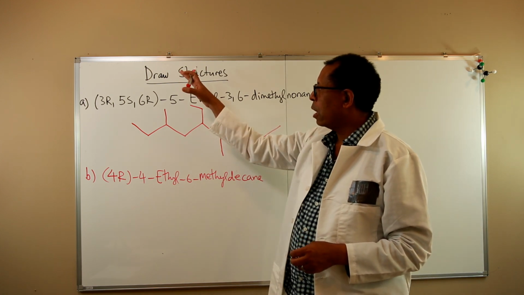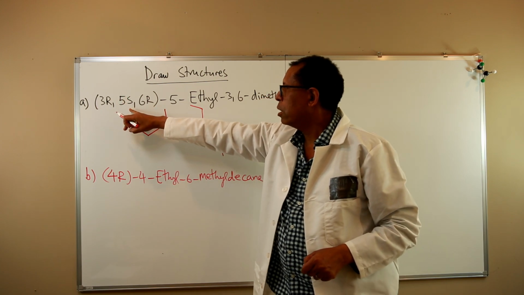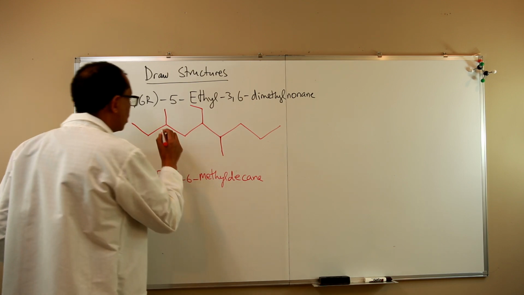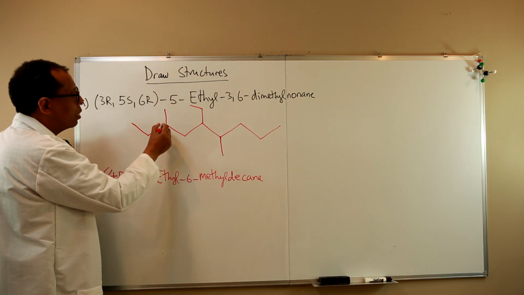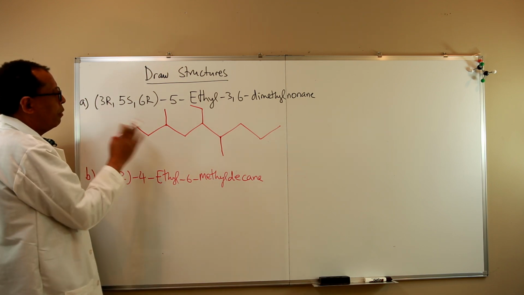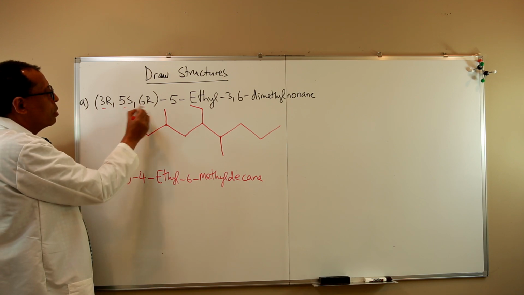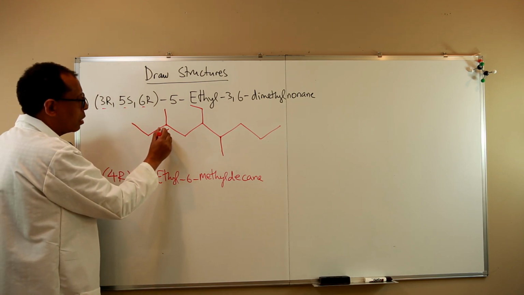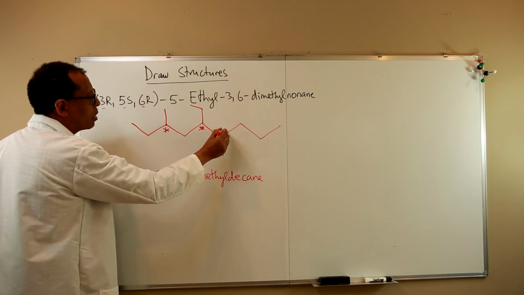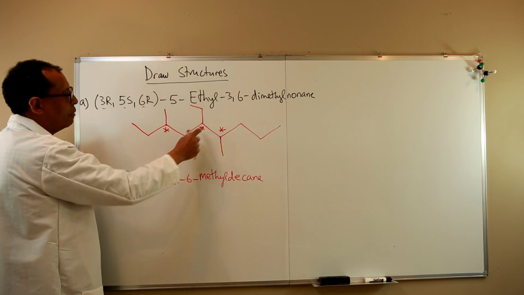But the structure has at 3 position an R, at 5 position an S, at 6 position an R. So this is our 3 position for the methyl, which it says is an R. So first, if you just look at them, it is telling you that there are 3 stereogenic centers, at 3, at 5, and at 6.